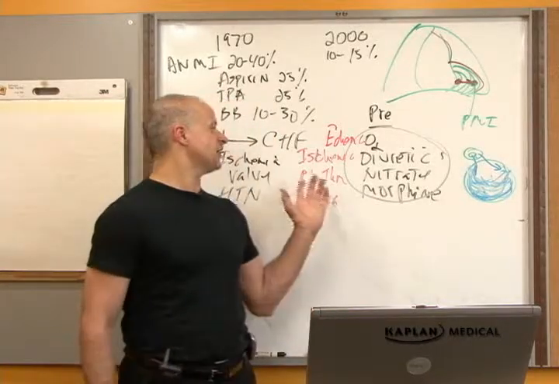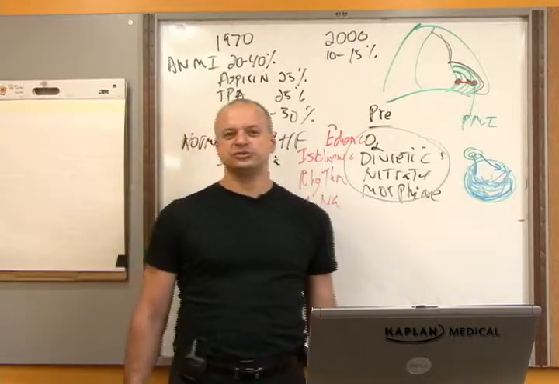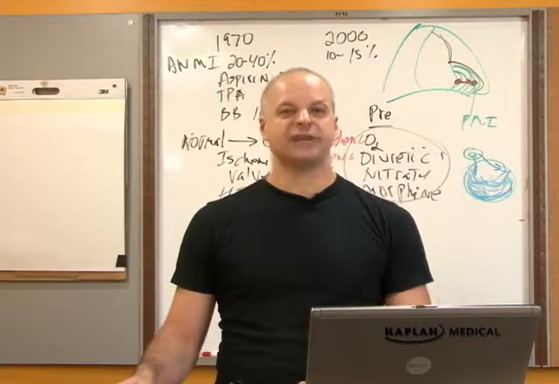So as you go from sinus to AFib, poof, you lose that atrial contribution, and you get flash pulmonary edema.